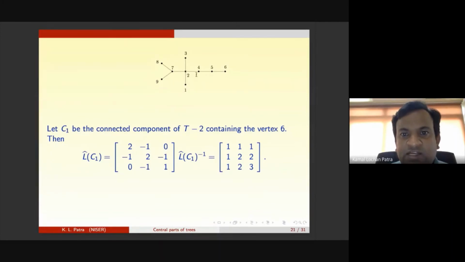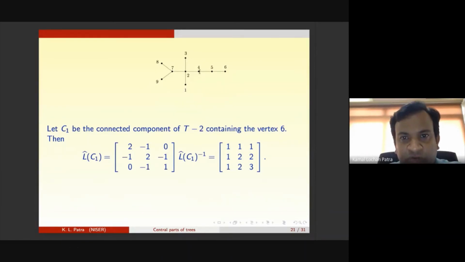Consider this tree and consider this vertex 2. If you delete it, this is a component consisting of 3 vertices. If C1 is the component containing 6 obtained by removing 2, then the corresponding principal submatrix of L hat is this one. And the inverse, one can check, is this one.